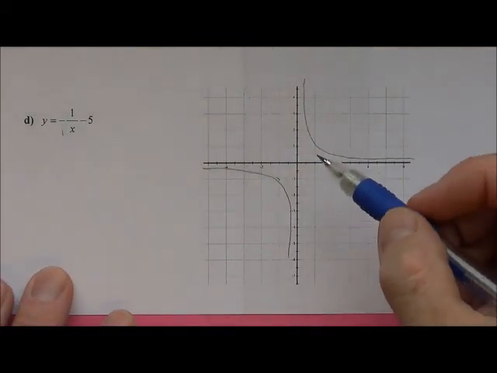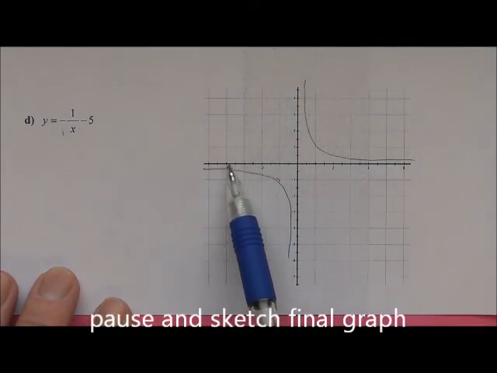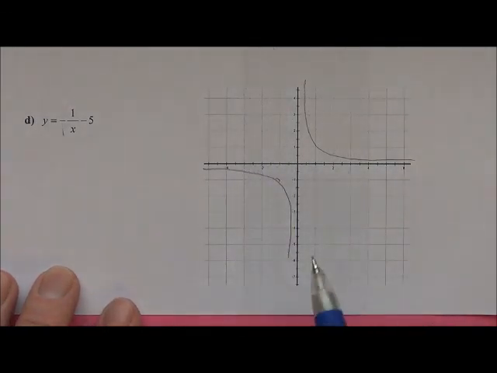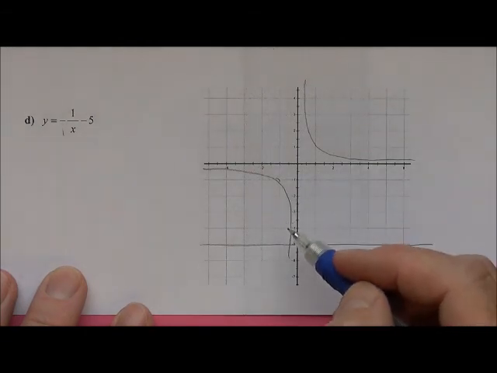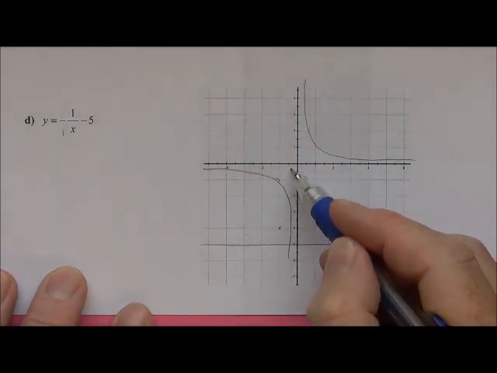So then it'll basically look like this. So instead of the horizontal asymptote being at 0, it'll be at negative 5. And so the function then, after it gets flipped, will look like this.